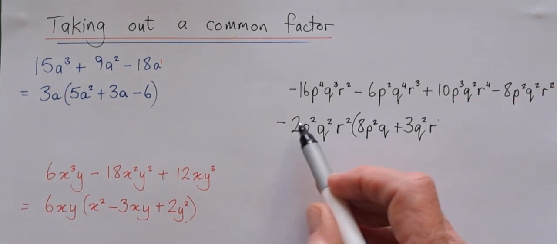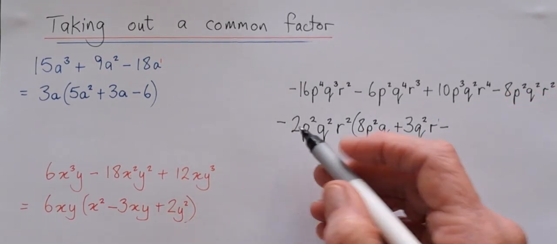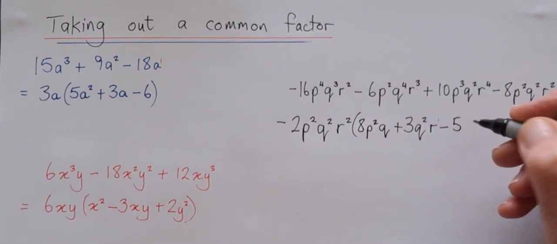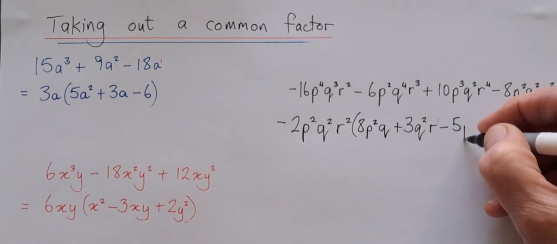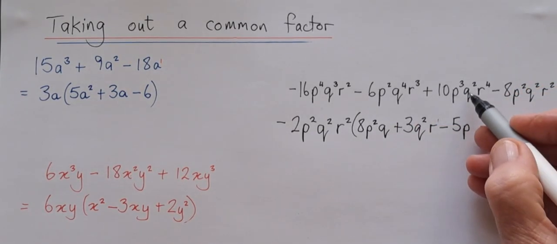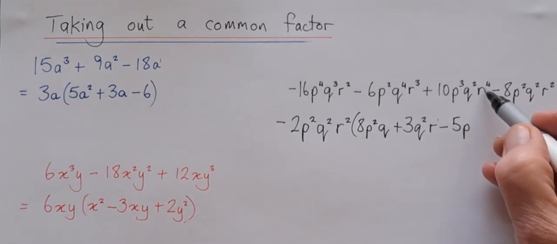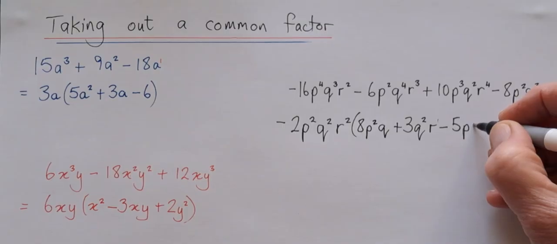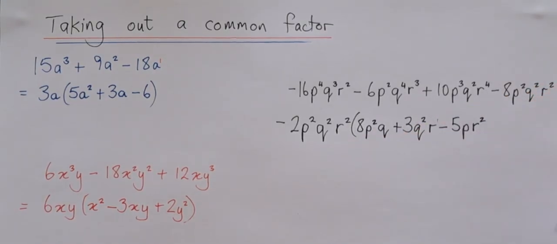Then a positive divided by a negative is negative. 10 divided by 2 is 5. P cubed divided by p squared is p to the power of 1. Q squared divided by q squared, they cancel. R to the 4 divided by r squared is r to the 4 minus 2, which is 2.